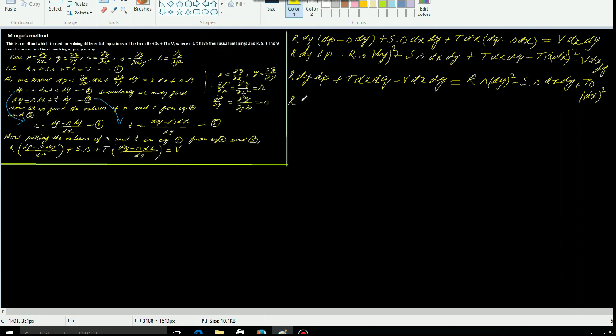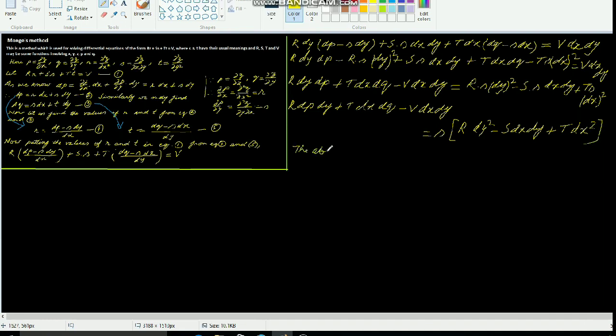So R dp dy plus T dx dq minus V dx dy is equal to, taking small s common out of all these terms, s in the bracket R dy square minus S dx dy plus T dx square.